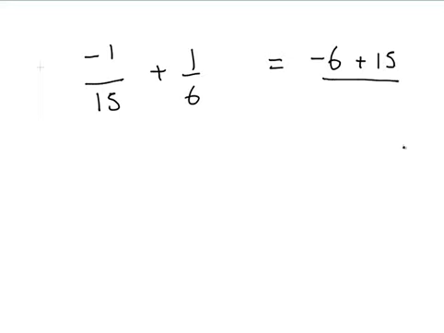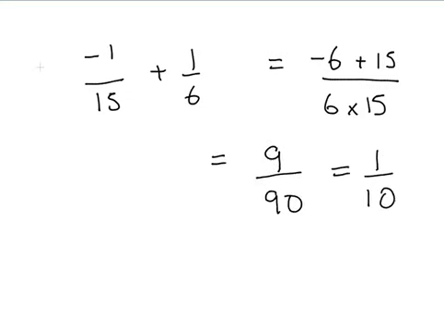We can cross multiply that. Minus 1/15 plus 1/6 is equal to minus 6 plus 15 all over 6 times 15. That is equal to 9 over 90, and that equals 1 over 10. So that's the answer to the first one. Just going to pause now and get the second one ready.